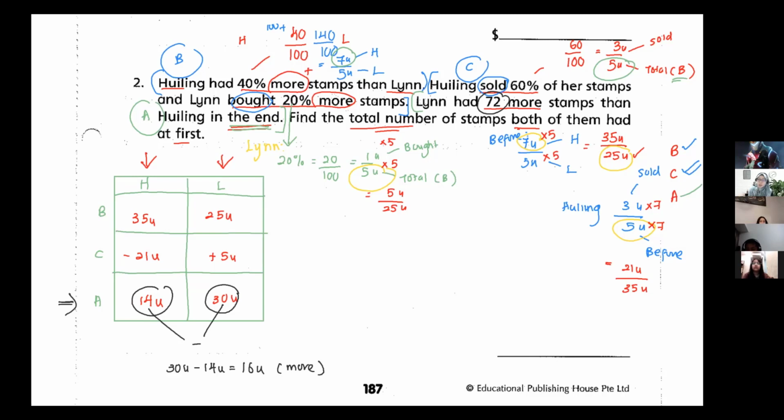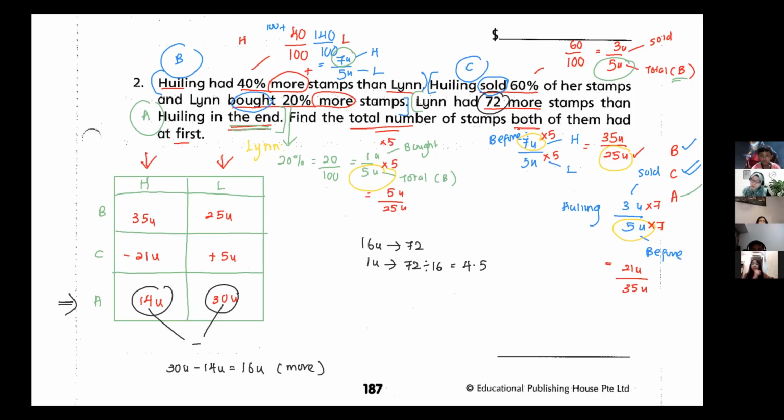The comparison here is 72. So 16 units is 72. 1 unit is 72 divided by 16, and I get 4.5. Don't worry if you get 4.5. Don't panic and think, oh no, I'm wrong because there's a decimal. How can the stems be cut into 4 whole and 0.5 parts? You're not done yet. Don't get suspicious that something is wrong. It's okay, carry on.